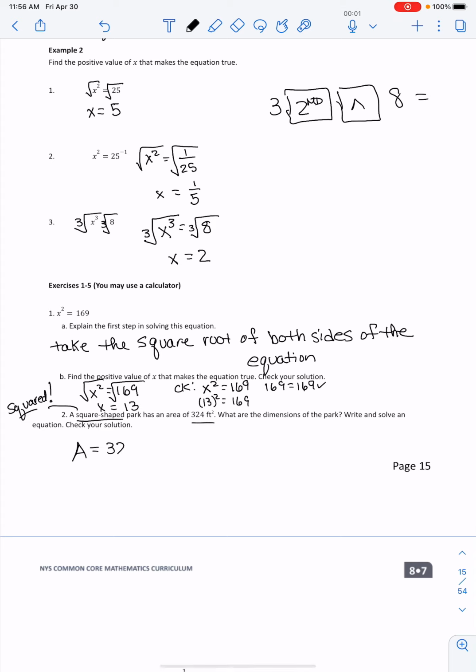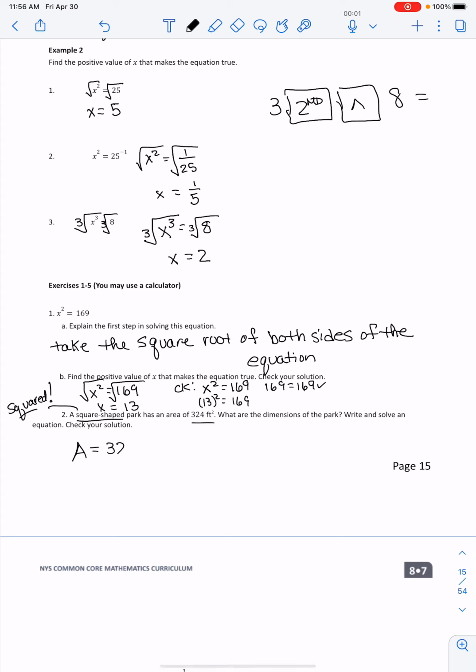My next one is x squared equals 256 to the negative 1. And of course, we've got to change that. So x squared equals 1 over 256. So I'm going to take the square root of both sides. So x equals 1 over 16.